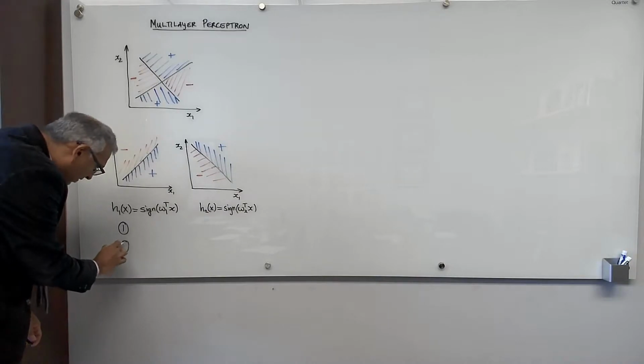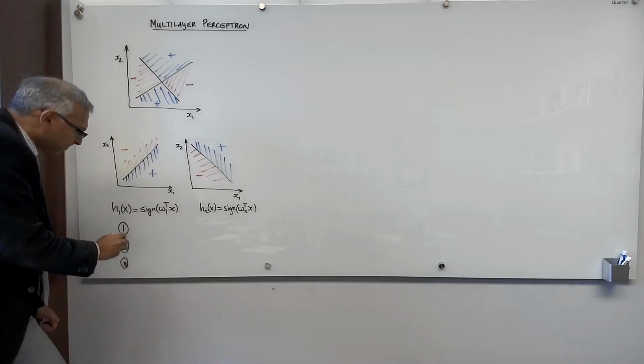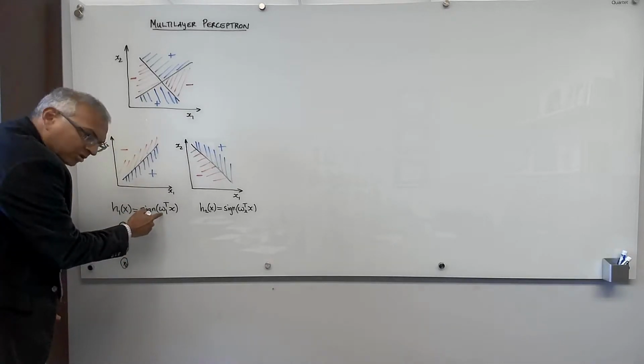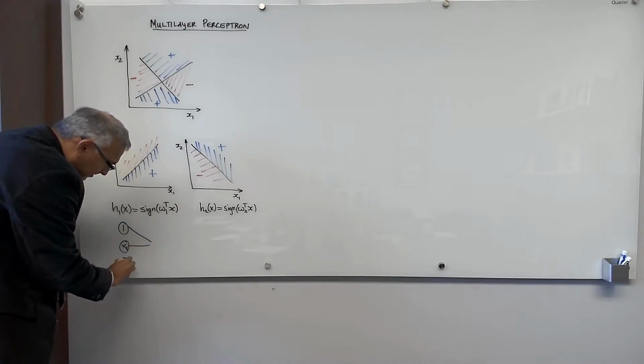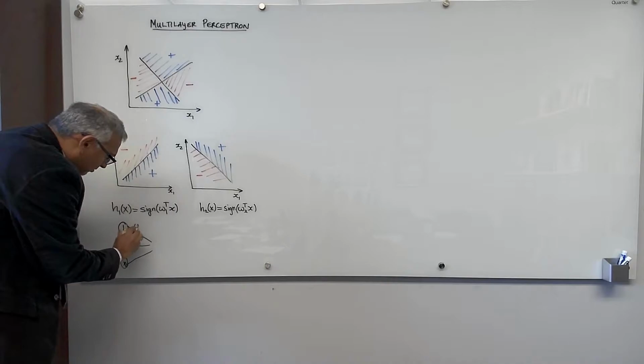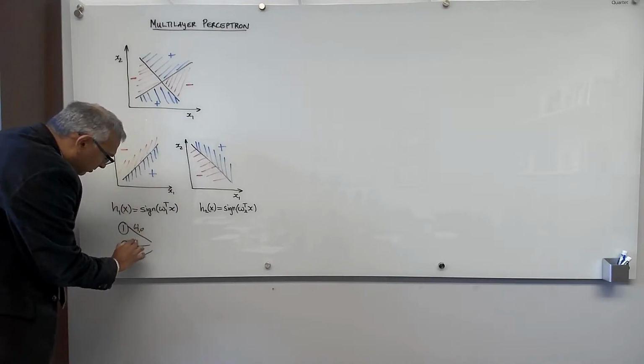Here we have X1, and here we have X2. Think of that as the input. Now each of these gets multiplied by the corresponding weights, W1,0, W1,1, and W1,2.